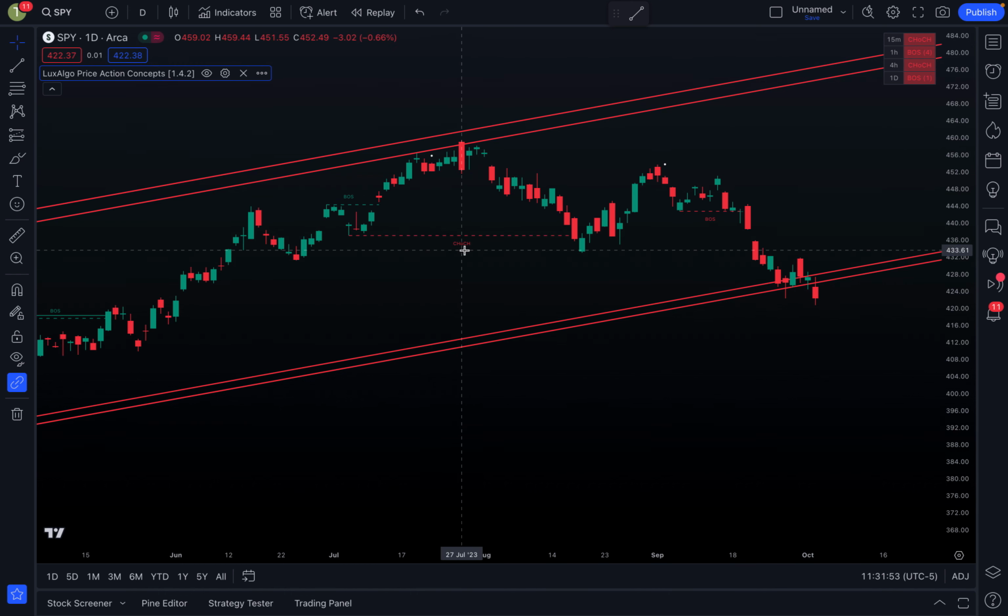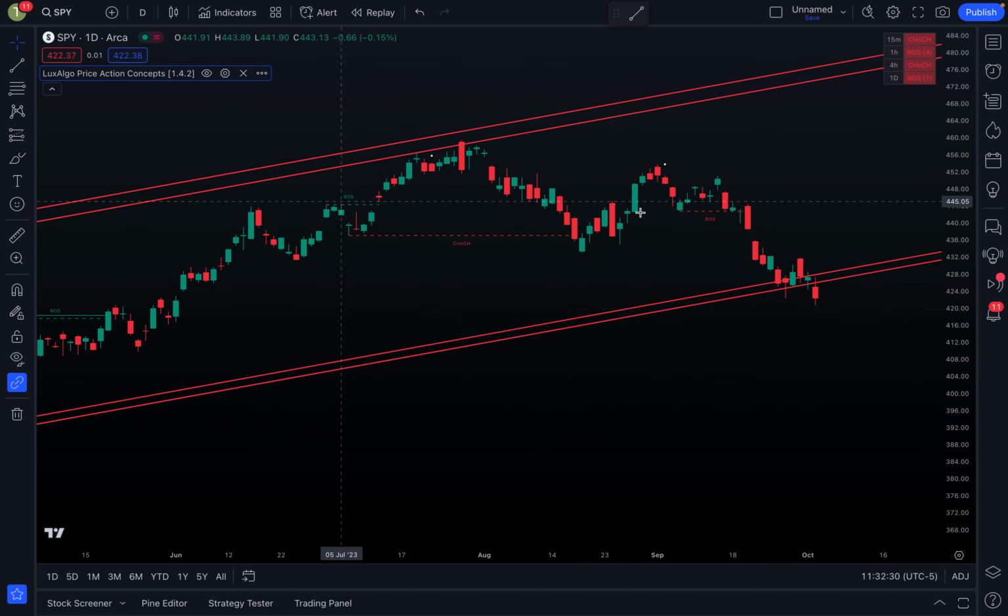SPY was in an uptrend, formed a new higher high, and formed a new higher low here. But then notice what happened over here. Price went lower than this previous higher low. So now we had price breaking a swing low during an uptrend. That's where this line is connecting. This is where it broke. So here we had a change of character, potentially signaling that bearish movement might be coming up.